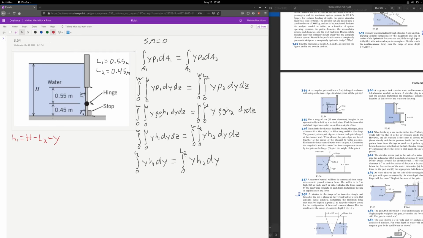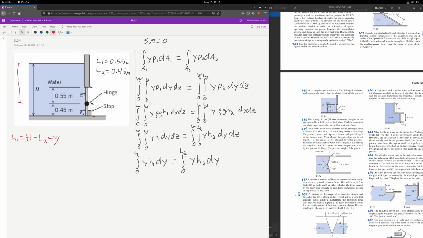Now I'd recommend you take the time and do this part by yourselves, because this is what confuses a lot of people. It's very easy to mix up. Just to double check that this is correct, if y is 0, so we're at a height of 0 right here, we get h minus L2, which means we have this height right here.